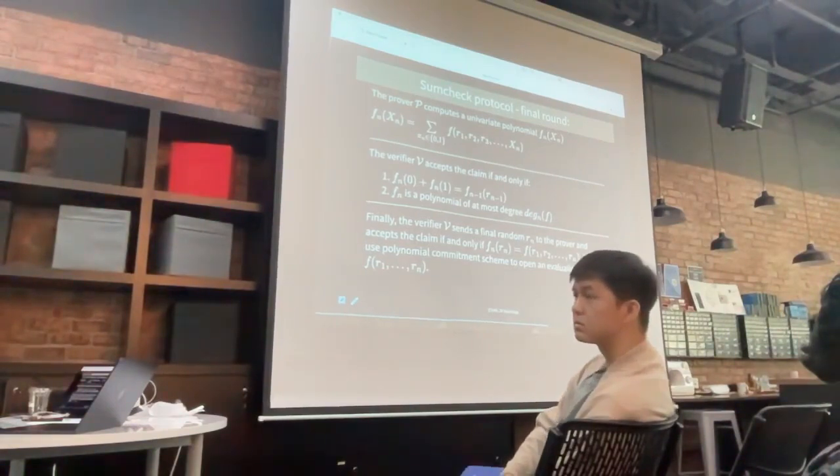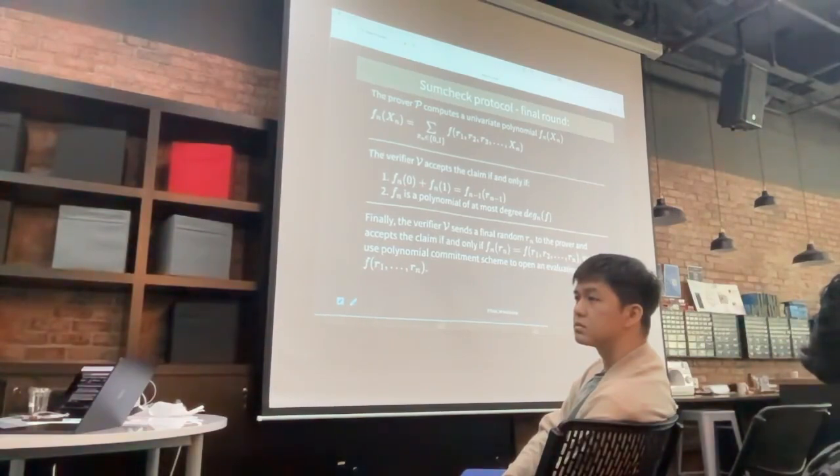The line is the summation of these two lines, and it should give you f1 of R1. f1 of 0 gives us 8, f1 of 1 gives us 12, and I'm examining that at R1, and it will give some random number, f1 of R1.